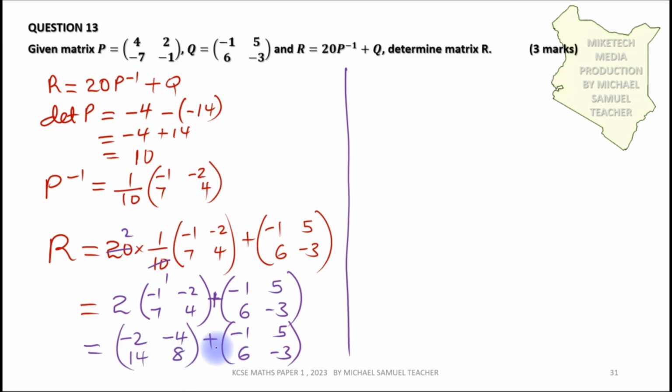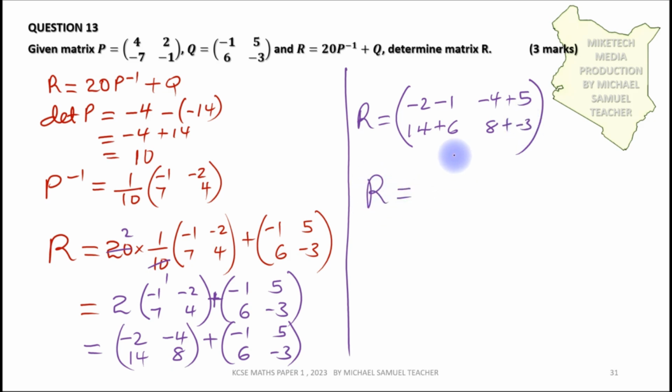We add the corresponding elements, and R will be equal to: -2 and -1 correspond, so -2 plus -1, then -4 plus 5, then we have 14 and 6, they correspond, we add them, then 8 and -3, 8 plus -3.